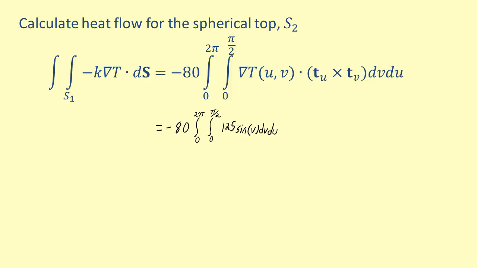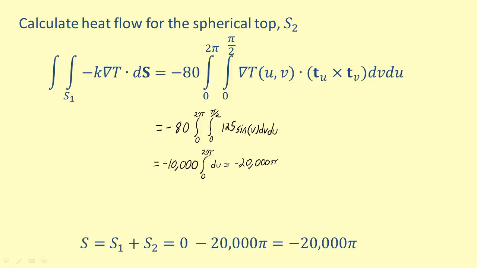Factoring out constants and integrating with respect to v, we get negative 10,000 times the integral from 0 to 2 pi of du, which equals negative 20,000 pi. Finally, S equals S sub 1 plus S sub 2, which equals 0 minus 20,000 pi, which is negative 20,000 pi.